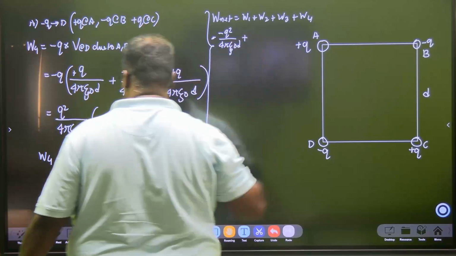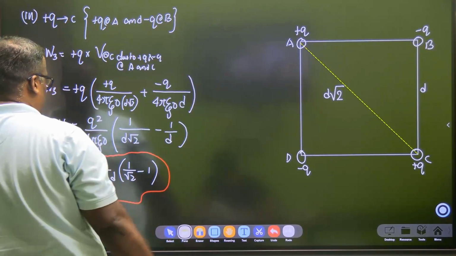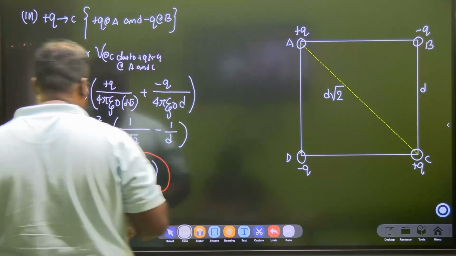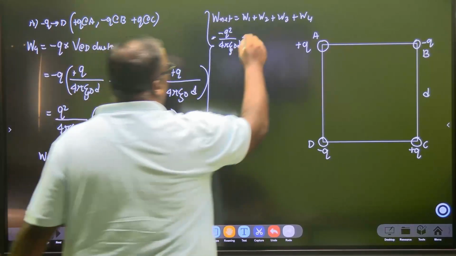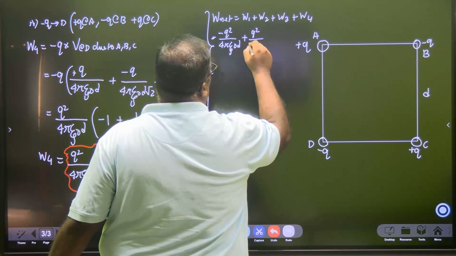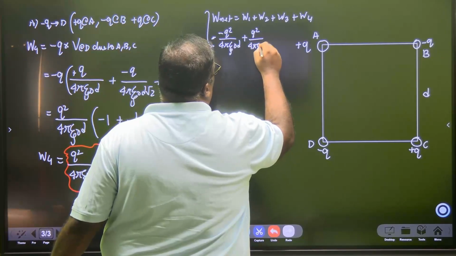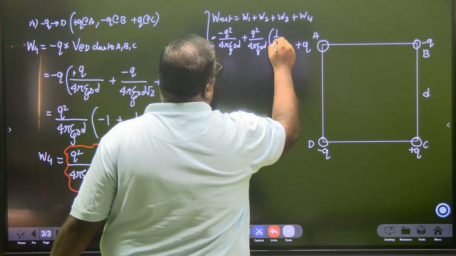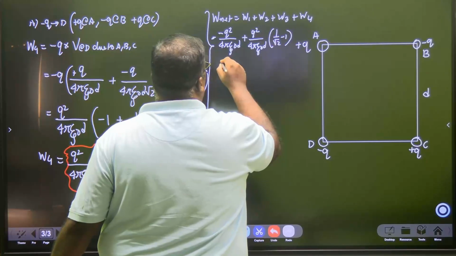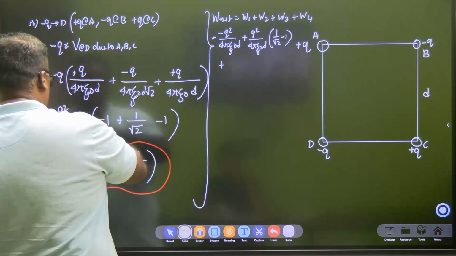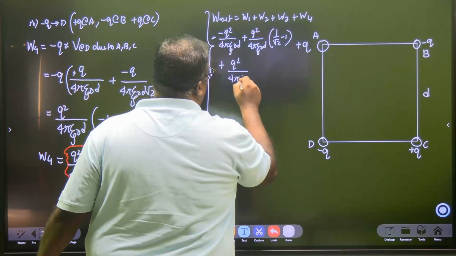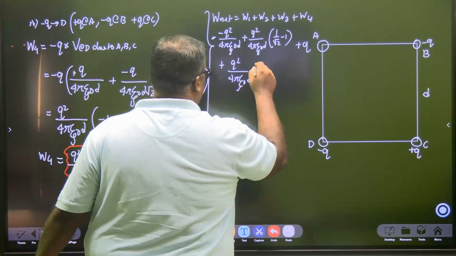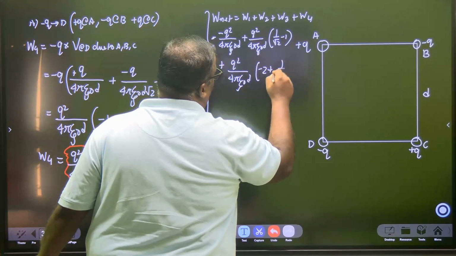After that we have W3, which is how much? W3 is q square by 4 pi epsilon 0 d times 1 by root 2 minus 1, plus the last one, that is q square by 4 pi epsilon 0 d times negative 2 plus 1 by root 2.